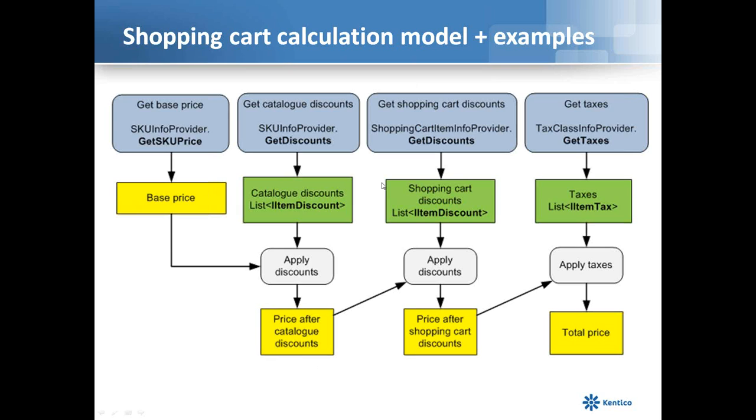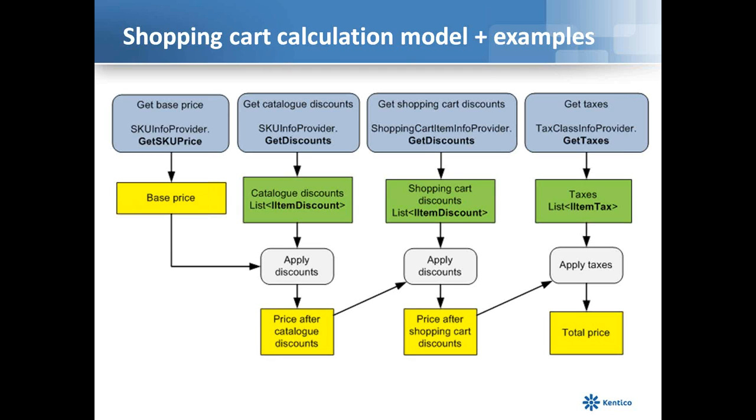In the same way work the shopping cart discounts. The only difference is that they are applied only when the product is added to the shopping cart. So there is another method. It's located in the shopping cart info provider. Its name is the same, but it's in a different provider. It's get discounts. It also returns only the list of the discounts, and you don't have to care about applying and stuff like that.